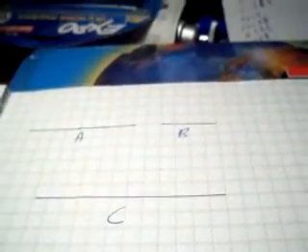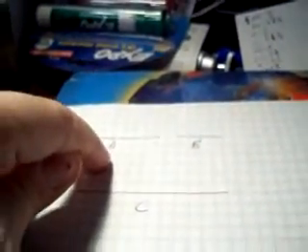Now, what about if B was longer than A? Well, if B was longer than A, then C would have a greater ratio to B than it would to A, and we already said that C has a greater ratio to A than it does to B. So therefore, that's not true. So therefore, the length of B is not as long as the length of A.